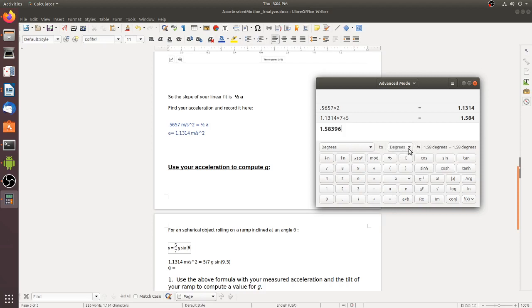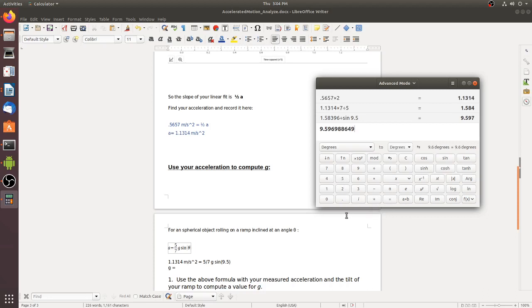Then I'm going to divide this. First, my calculator's in degrees. That's good. So now I'm going to divide this by the sine of 9.5. So here's the sine of 9.5. And I get 9.59.